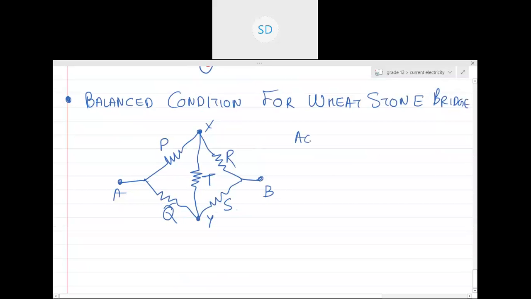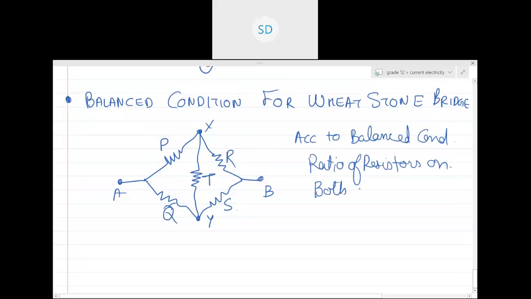According to the balance condition, the ratio of resistors on both sides of the bridge. I call this the bridge, okay?